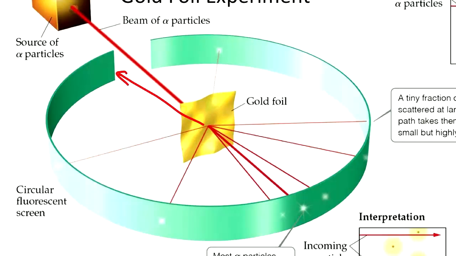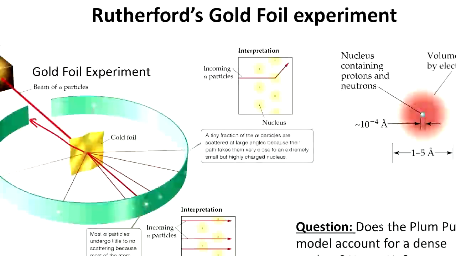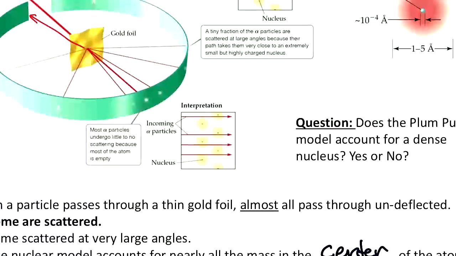If those alpha particles shot back, what that implies is that there's something really, really dense inside an atom. That an atom is actually mostly empty space. But because some of those alpha particles scatter, we now know that nearly all of the mass of our atom is actually in the center of the atom.